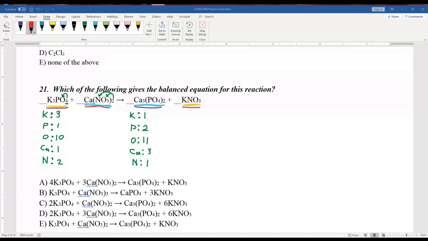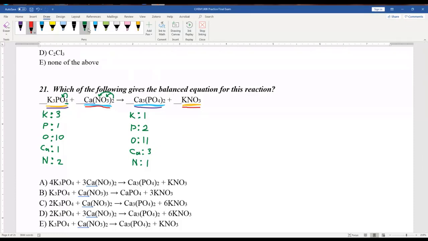I have 3 potassiums on my reactant side. But what do I need on my product side? Put 3 in front of what? In front of the potassium. Okay, so I can't just put it in front of potassium. I have to put it in front of a compound, right?